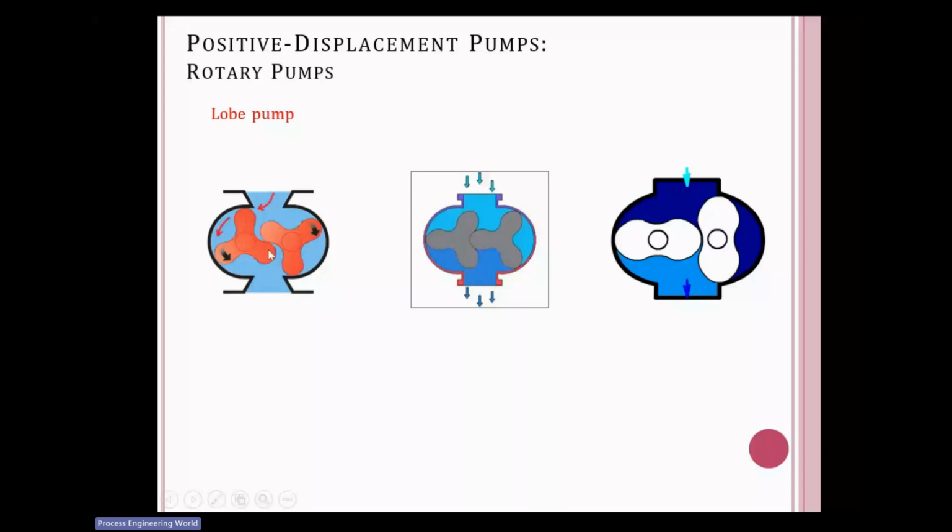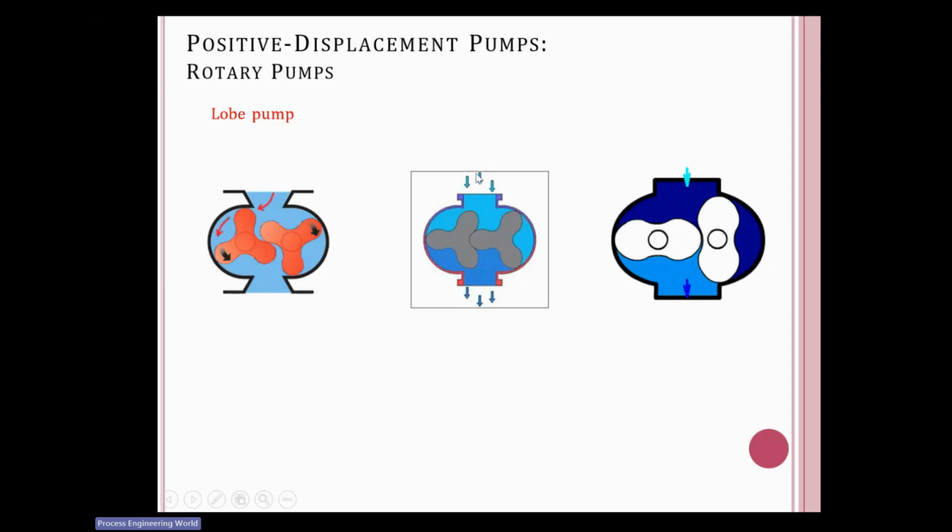You won't usually see this in industries, but you need to know that this pump exists. This is a type of positive displacement pump, because in interviews, if they talk about positive displacement pumps, they ask what the different types are. So you need to know that there is a pump called the lobe pump which falls under the category of positive displacement pumps.